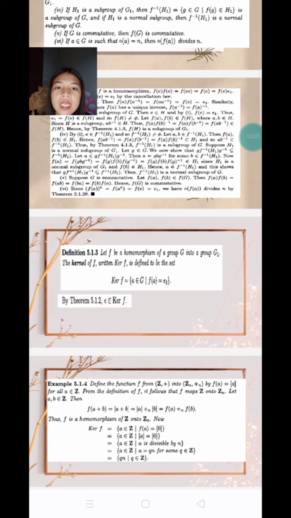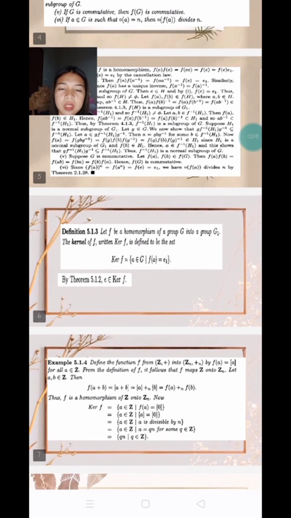Hence a is an element of the inverse image of H sub 1, and this shows that g, the inverse image of H sub 1, g^(-1) is a subset of the inverse image of H sub 1. Thus the inverse image of H sub 1 is a normal subgroup of G.